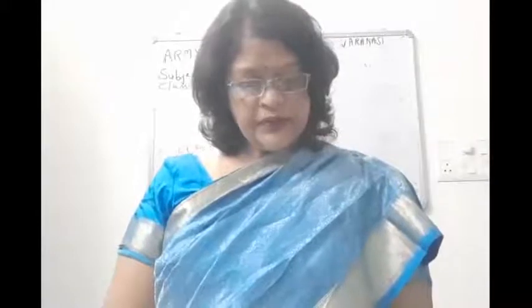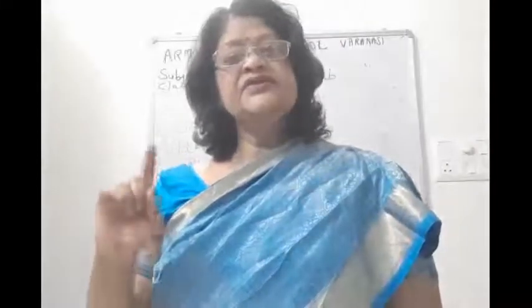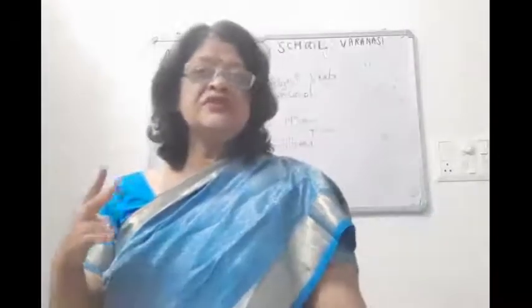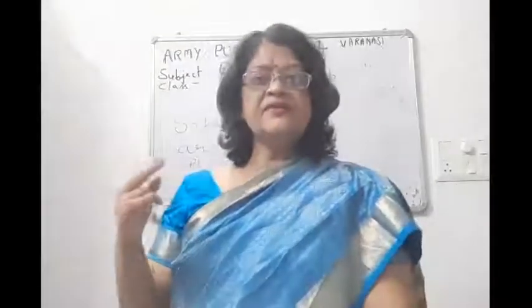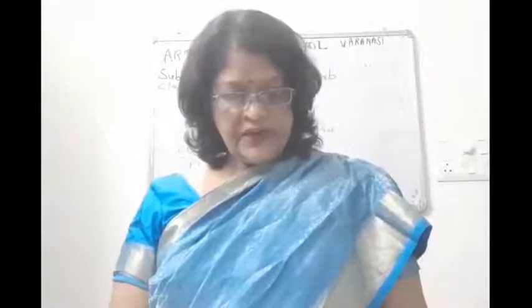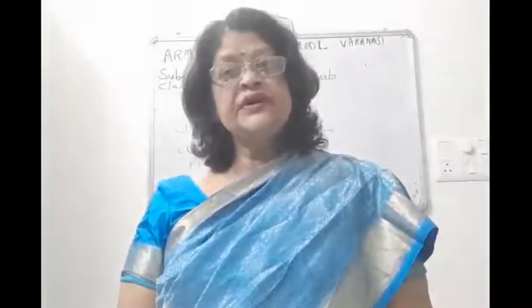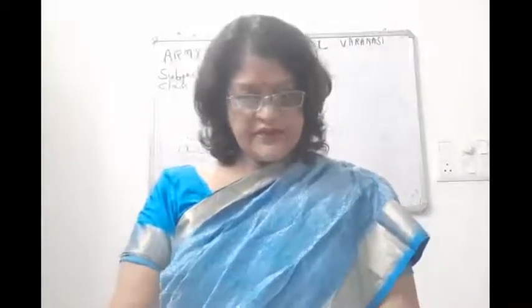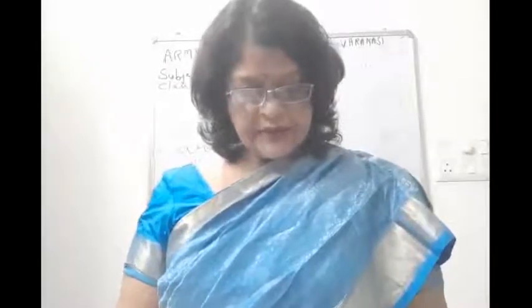Now, children, point number 1: singular subject, singular verb; plural subject, plural verb. Point number 2: when two or more singular subjects are joined by and, the verb will also be plural. When two singular nouns refer to the same person, the verb must be singular.